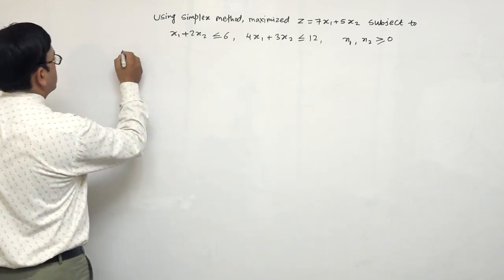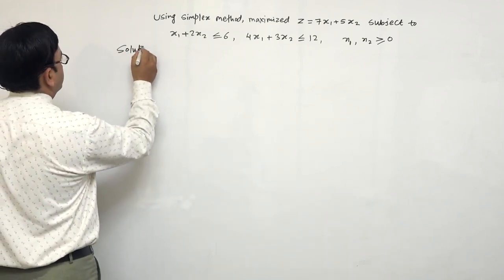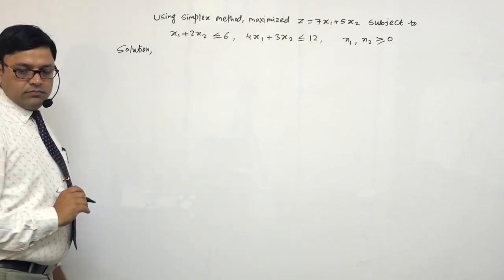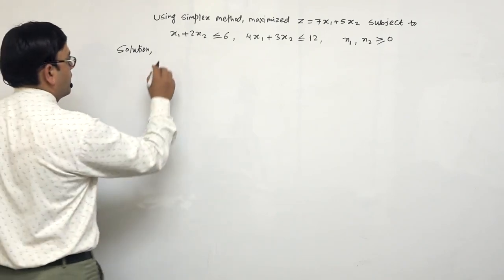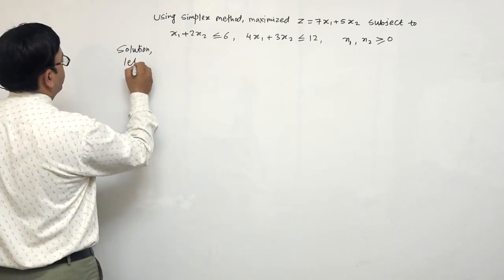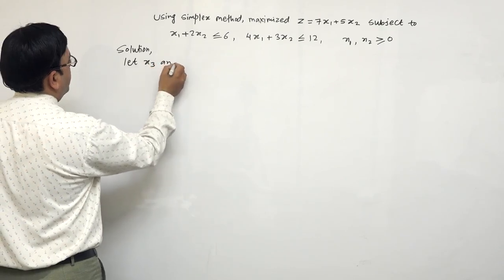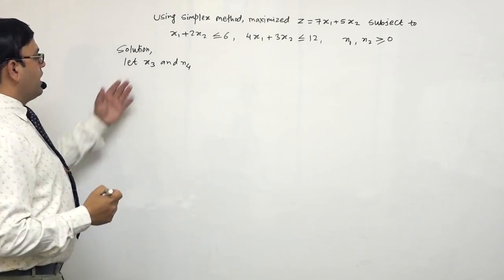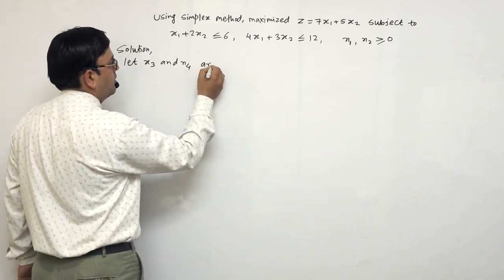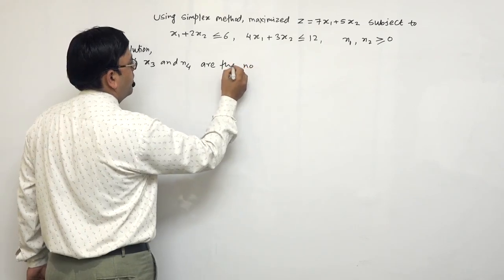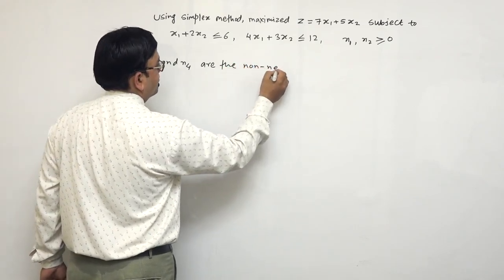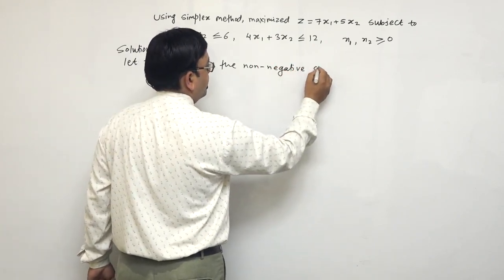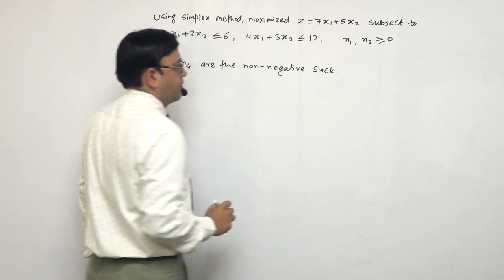Solution. Let x3 and x4, because here is x1 and x2, so we let x3 and x4 be the non-negative slack variables.